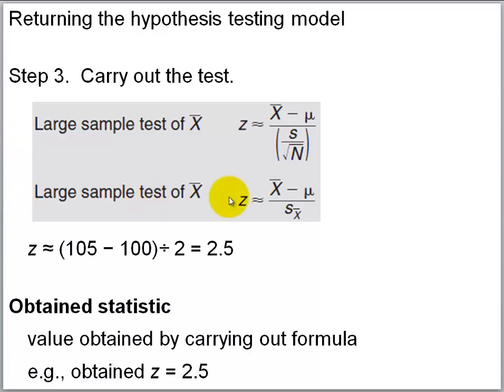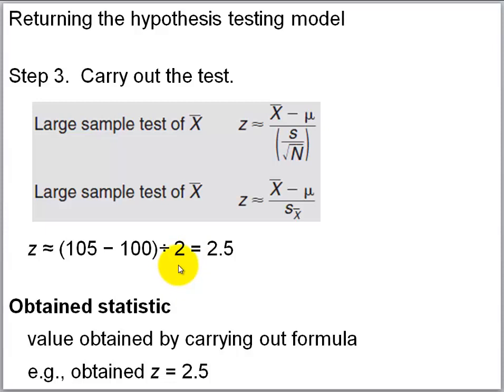Basically, to compute our value of z, in other words, to determine how many standard deviations our result is above or below the value stated in the null, what we're going to need to do is take our study sample result, subtract from that the value stated in the null, and divide by our estimate of the standard deviation of the sampling distribution.